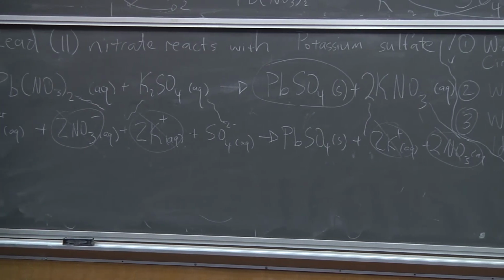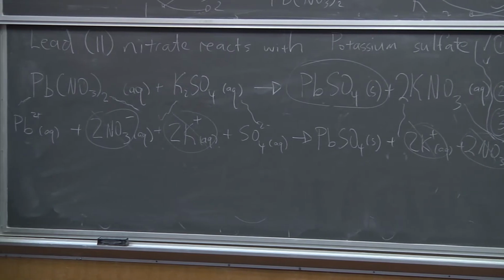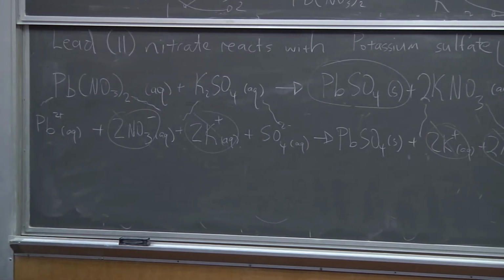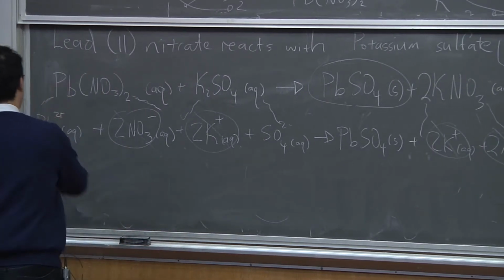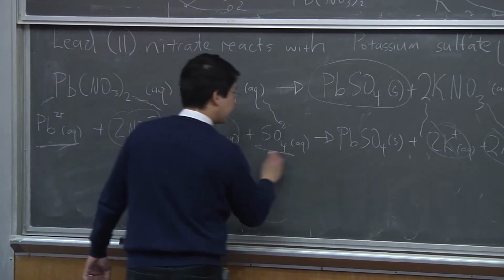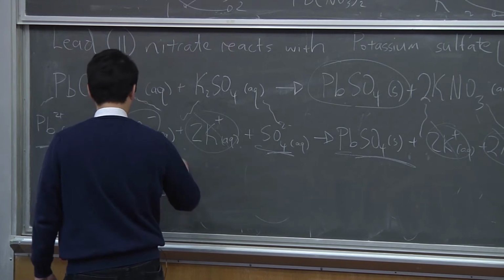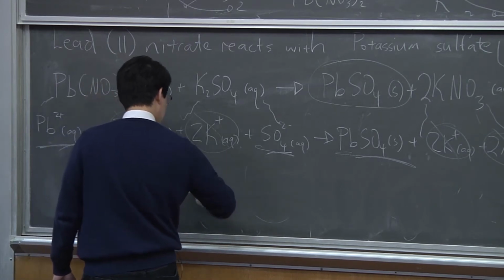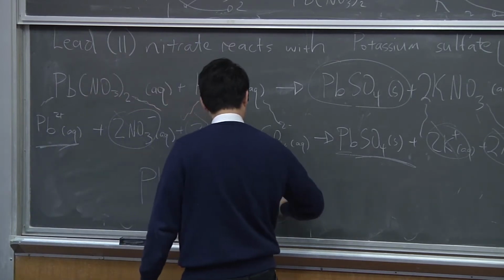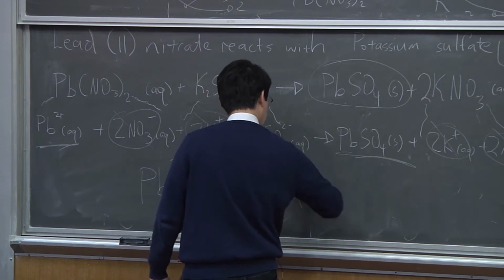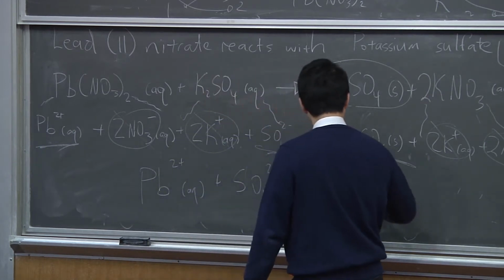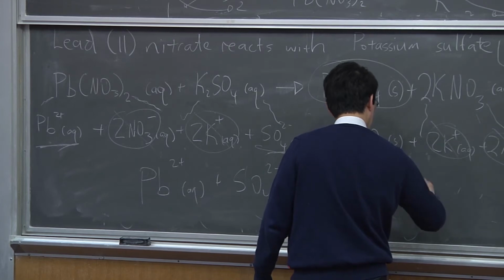So from the point of view of what's actually reacting, what's changing, it's the net ionic reaction, which we would represent by everything that's left. That's the most accurate. So it would be Pb2 plus SO4 2 minus gives you PbSO4 solid.